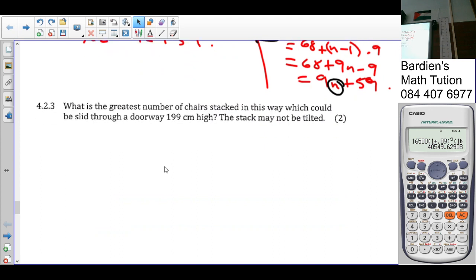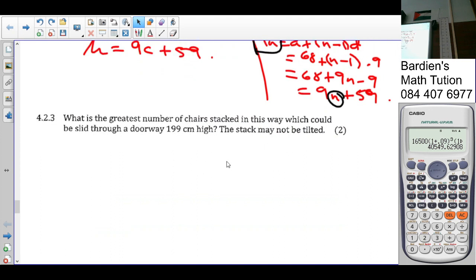We are asked, what's the greatest number of chairs which could be slid through a doorway 199 centimeters high? The stack may not be tilted. So that means the stack is taken straight up through the doorway. They want to know the maximum number of chairs in that stack that will fit straight through the doorway.